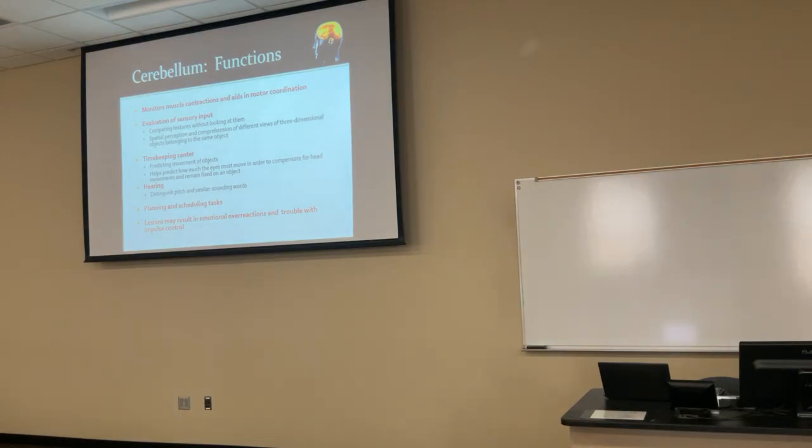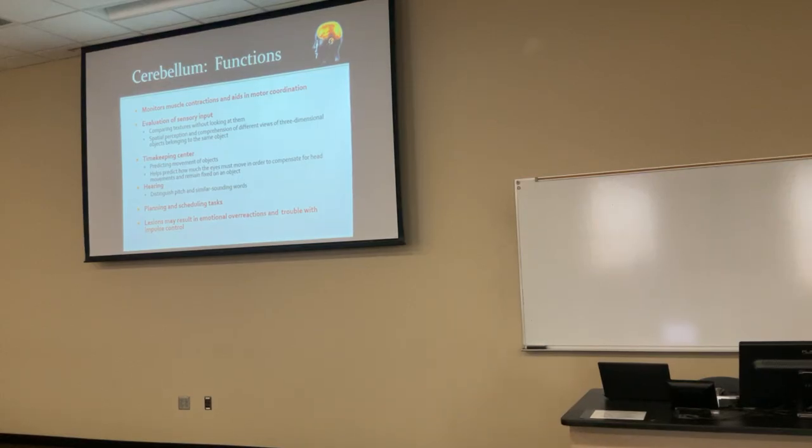So it monitors muscle contractions, and if the actual contractions are different from what was intended, then the cerebellum will send out signals that modify those descending motor impulses in order to smooth out motor control. So it helps to improve motor coordination.